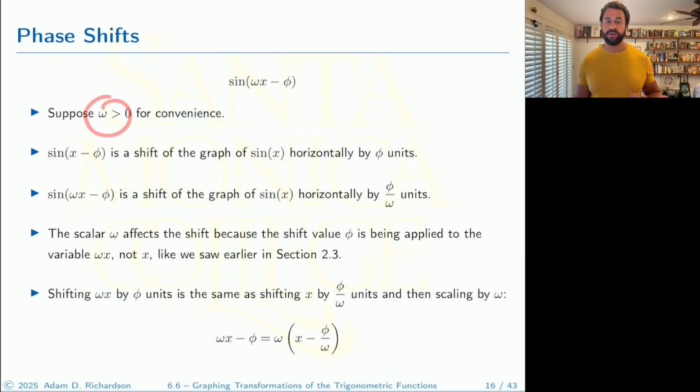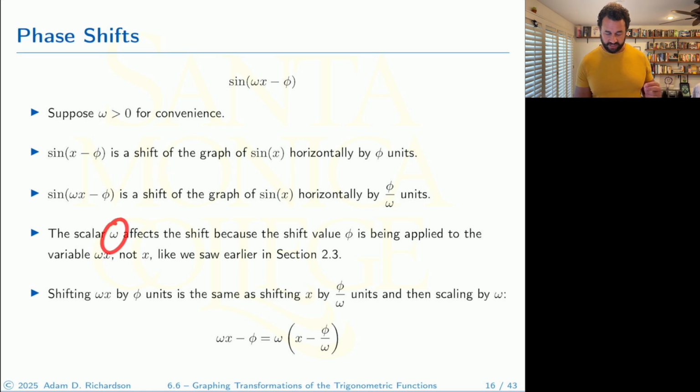So suppose omega is positive just for convenience, and we're going to look at what happens with this kind of sinusoidal function. Now, sine of x minus phi is a shift of the graph of sine of x by phi units. But sine of omega x minus phi is a shift of the graph of sine of x horizontally by phi over omega units. All right, so there's a little subtlety there.